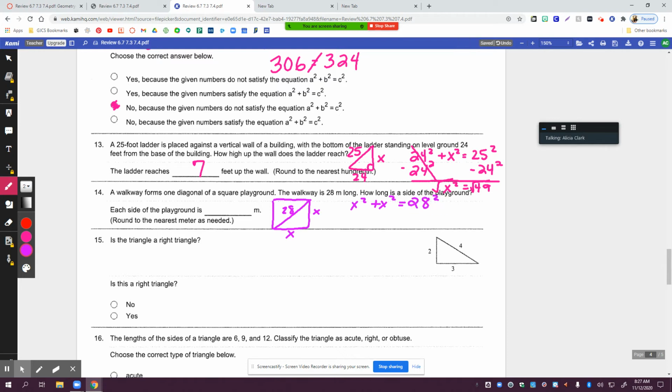So if I add my sides, x squared plus x squared, remember that's 2x squared, we're not changing the exponents. 28 squared is 784. Then I'm going to divide by 2 on both sides. So x squared is going to give me 392.